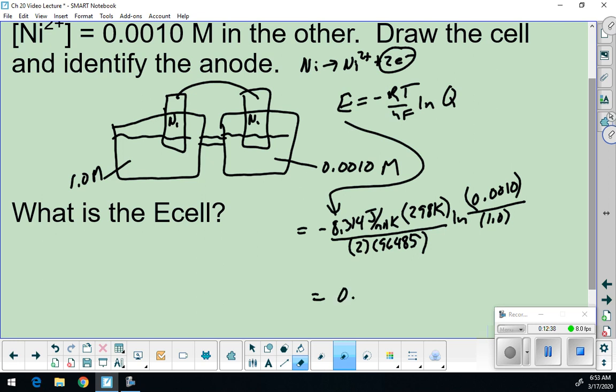I get 0.089 volts is my cell potential. All right, wonderful.